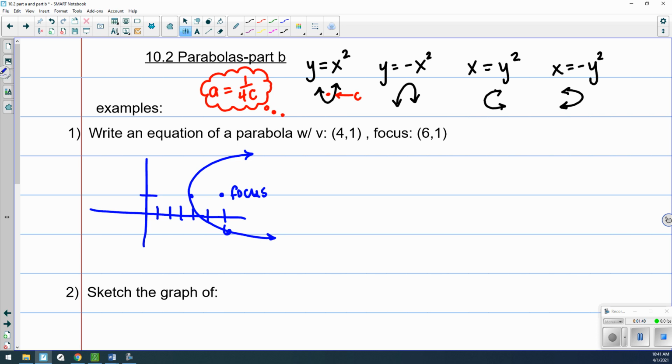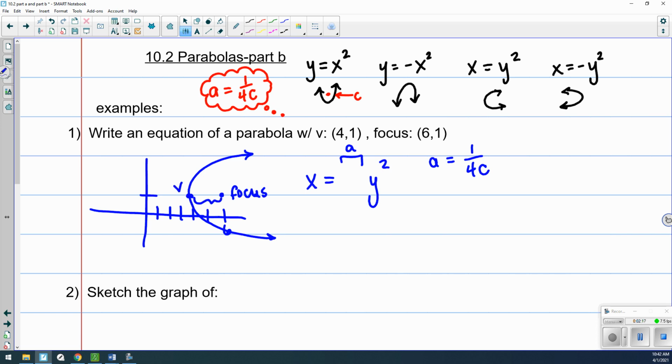All right, well, what do I know for sure then? It's going to take on the form x equals something times y squared, and that something will be positive. Now to figure out what this value is, this is the value a. And if I know that a is equal to 1 over 4c, I can take a look at the distance between the vertex and the focus.